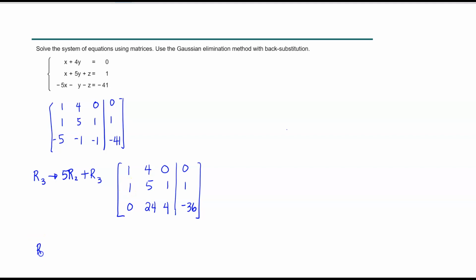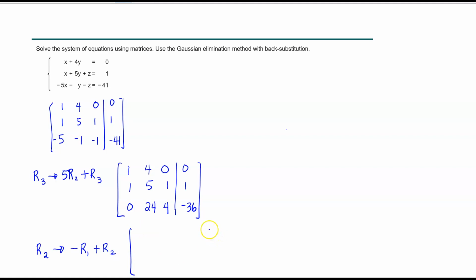So we have R2. Think of what we would replace row 2 with. Maybe we can just multiply the first row by negative 1. So the negative of the first row will be added to the second row.